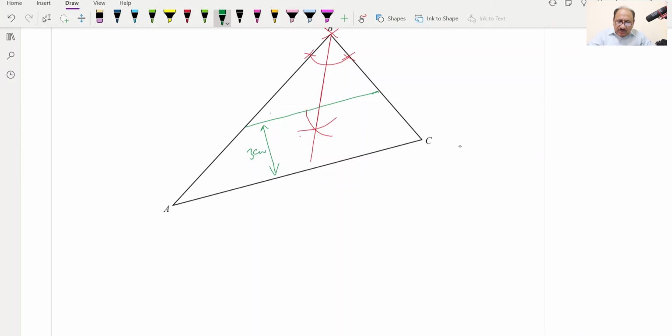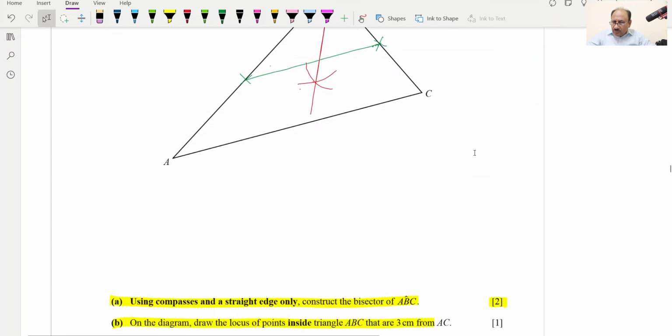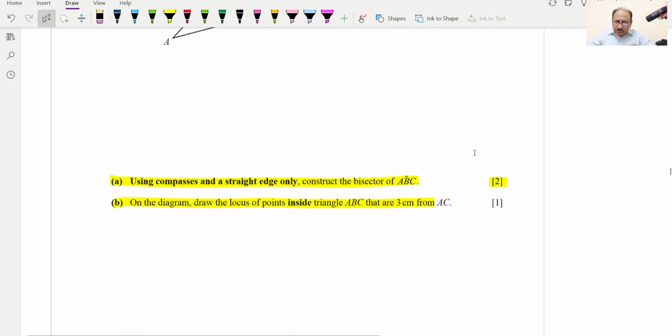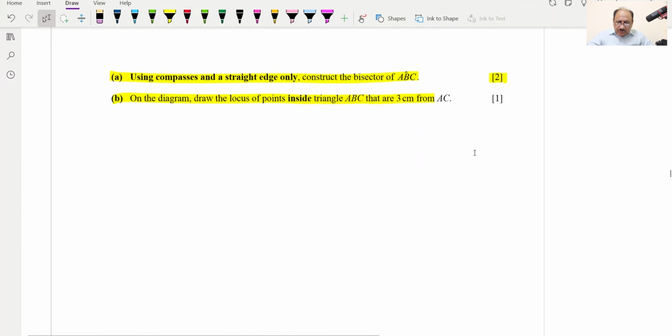This is a 3 centimeter gap, and this one we are done with. Hopefully you understood this. By using compass also you can draw, but directly also you can take this point and this point and draw this one. This is only a 1 mark part, so not much working is required.